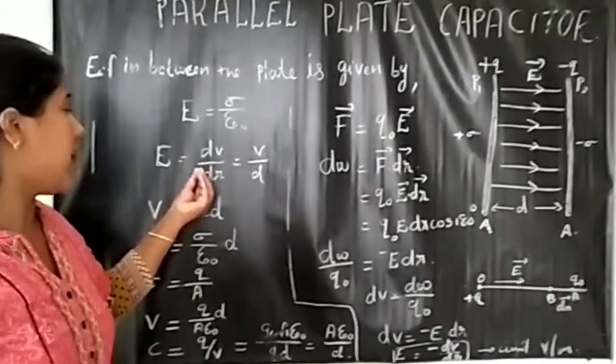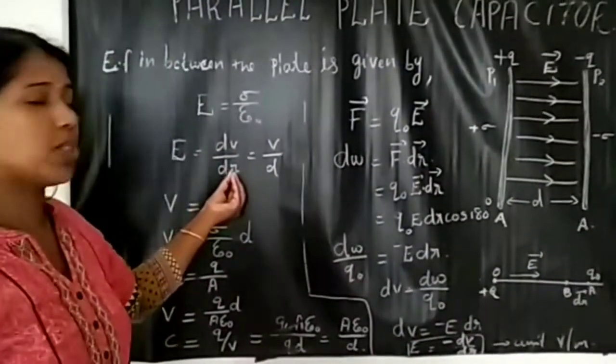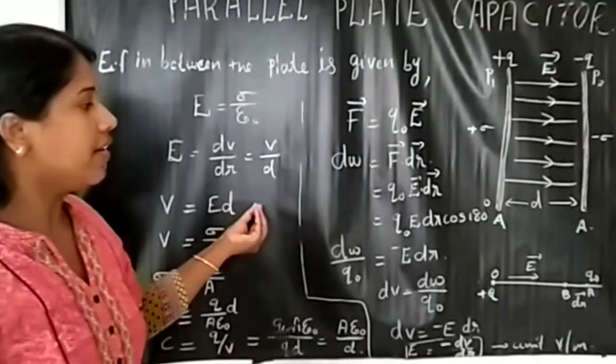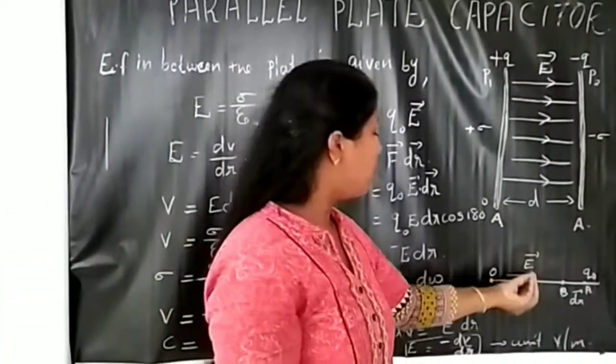How to get this expression? dV is the potential with respect to distance. I have drawn one more diagram.